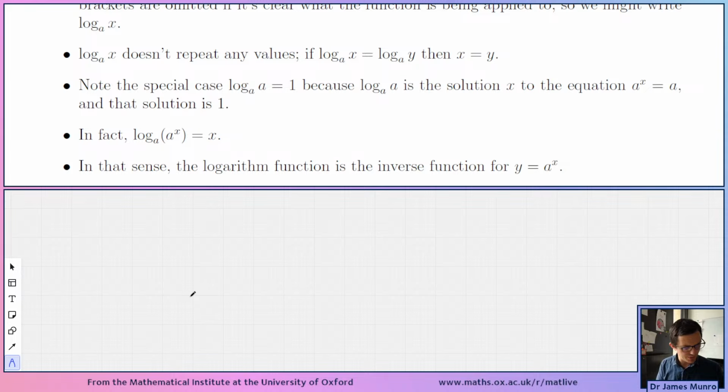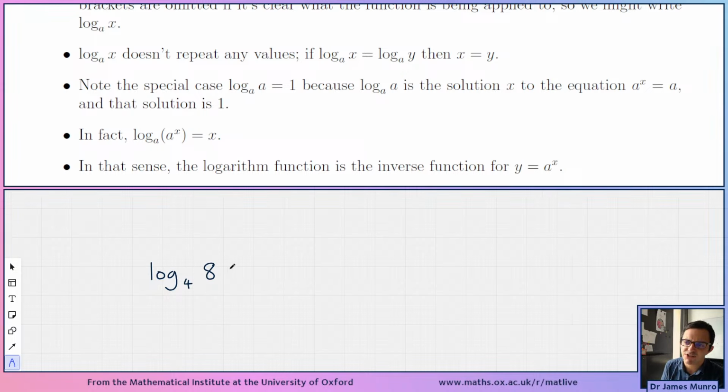Maybe we should do some quick practice on this kind of idea, because things like this are quite hard to understand if you're only thinking about logarithms in terms of base 10. There are lots of ways to read this. You could read this as log base 4 of 8.